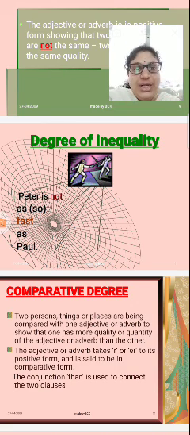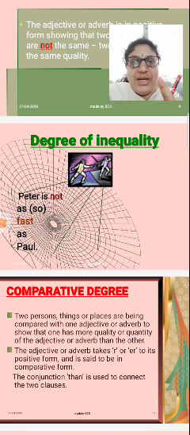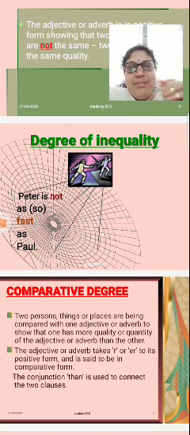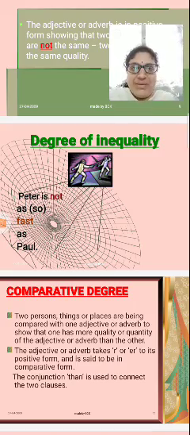My daughter is not as clever as my son. So you are comparing between the two people, the two nouns, not equally. They are not equal because Peter is not as fast as Paul. Paul is the faster man. Peter is somewhat slow. Yes, ma'am?